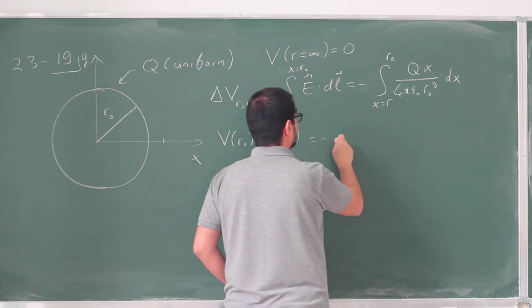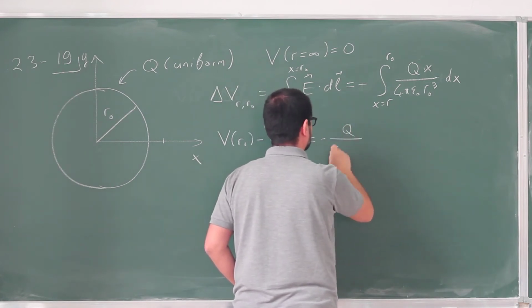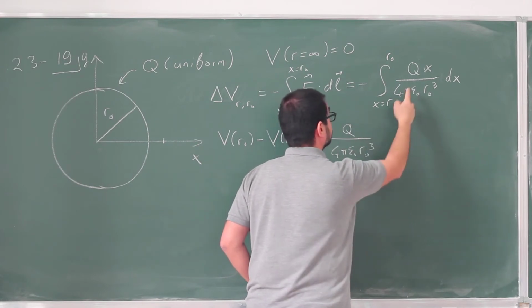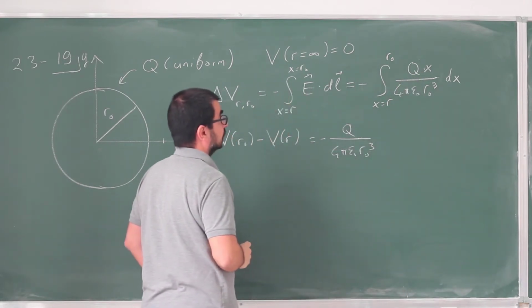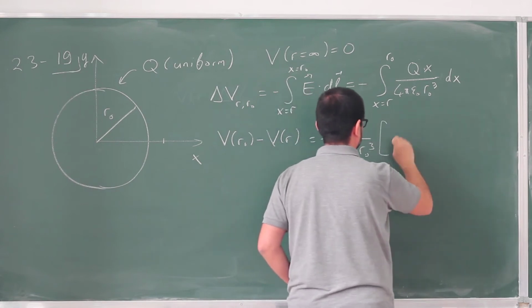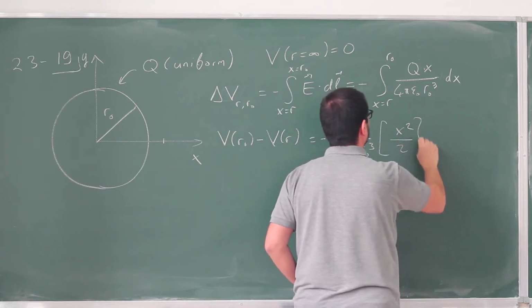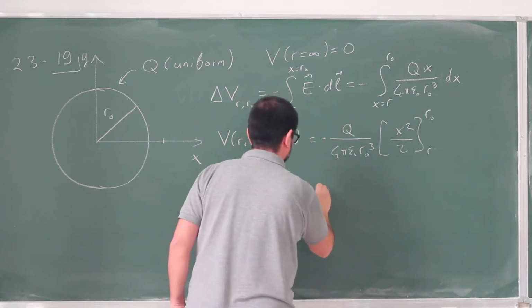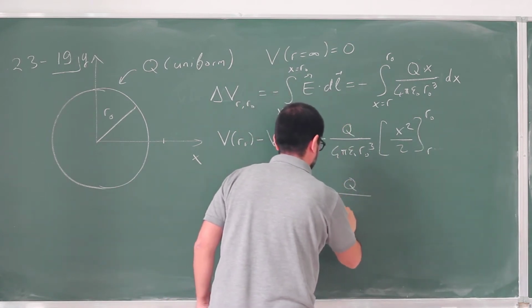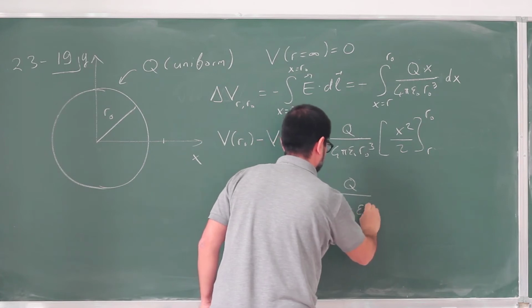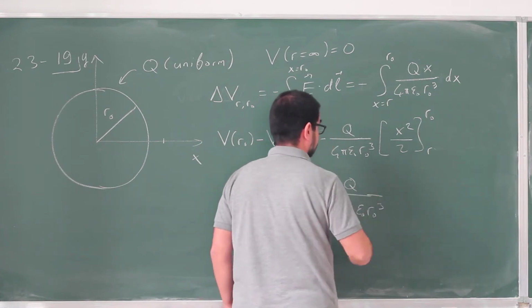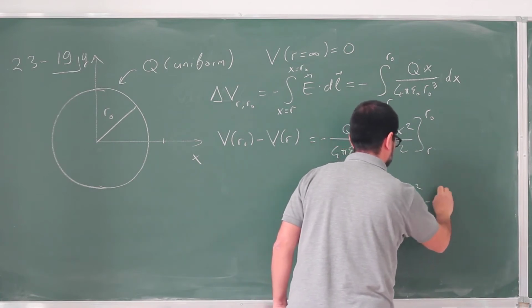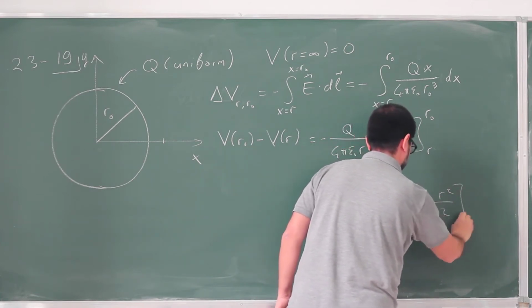This is going to be minus Q over 4 pi epsilon naught R0 cubed. The primitive of x is going to be x squared by 2. And this is from R to R0, so we can write this minus Q by 4 pi epsilon naught R0 cubed times R0 squared by 2 minus R squared by 2.